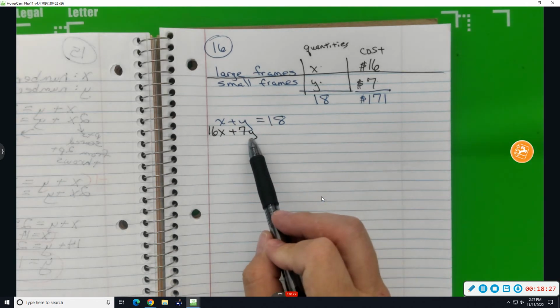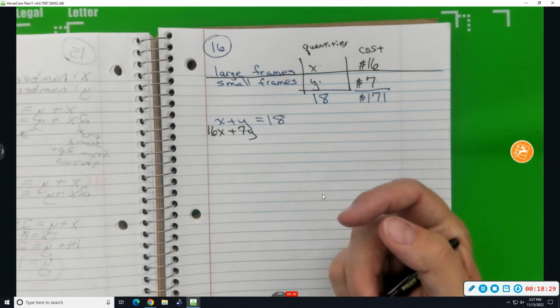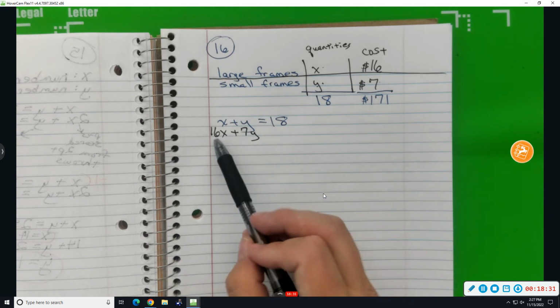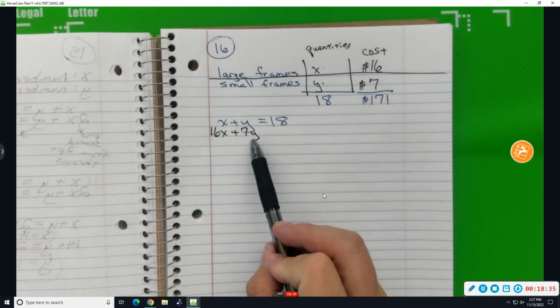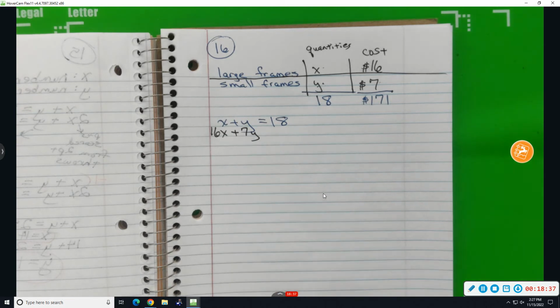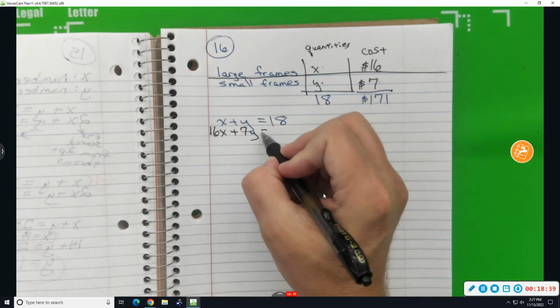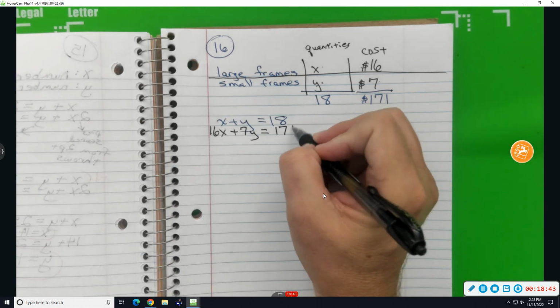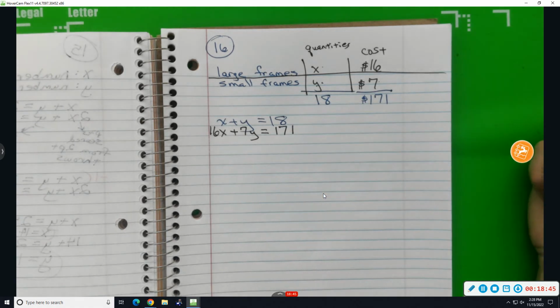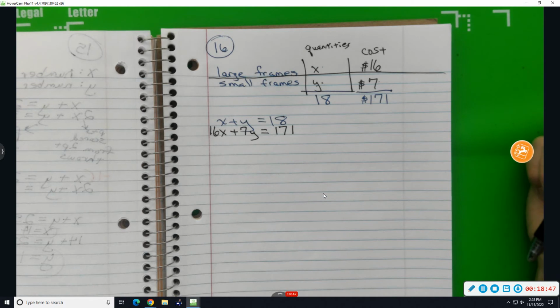That's the money she spent buying all of those small picture frames. If you take the money she spent on the large frames plus the money she spent on the small frames, that had better add up to $171. Any questions on my logic there?